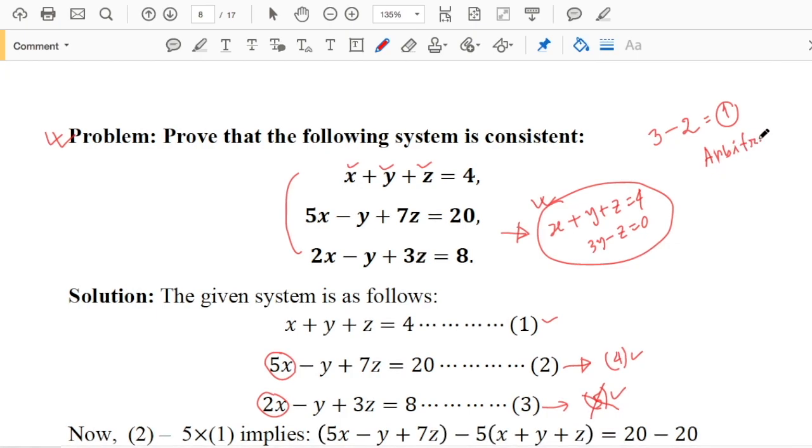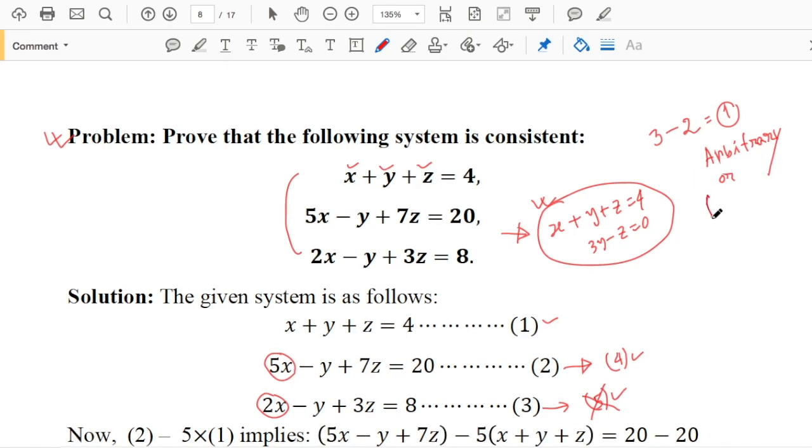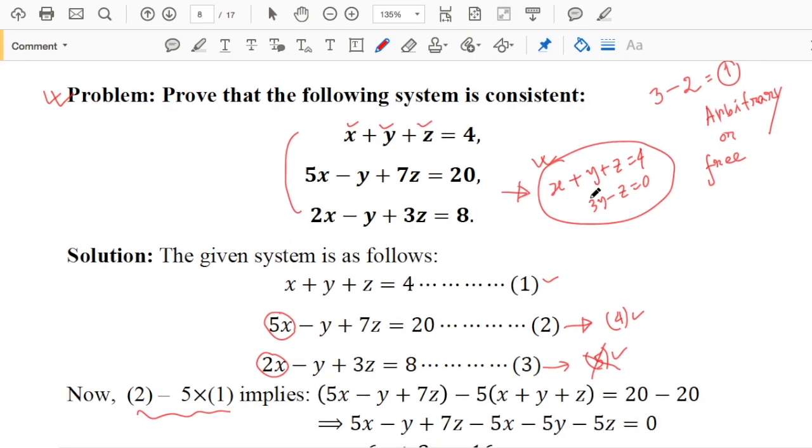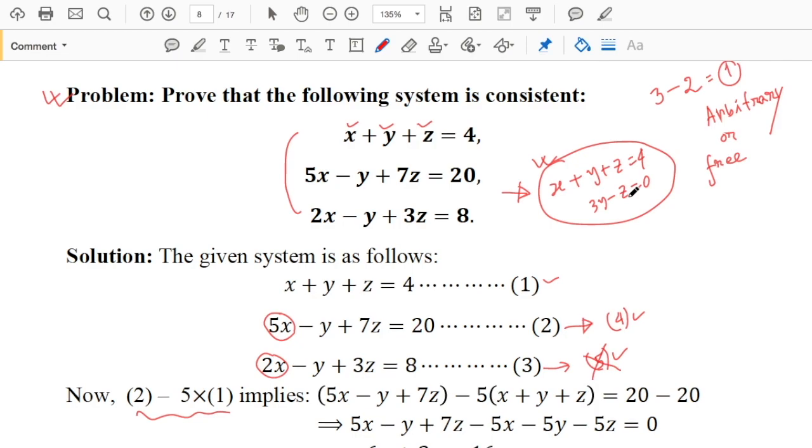arbitrary variable, or free variable. And note that you are allowed to consider either y or z as an arbitrary variable, and it should be from the second equation.